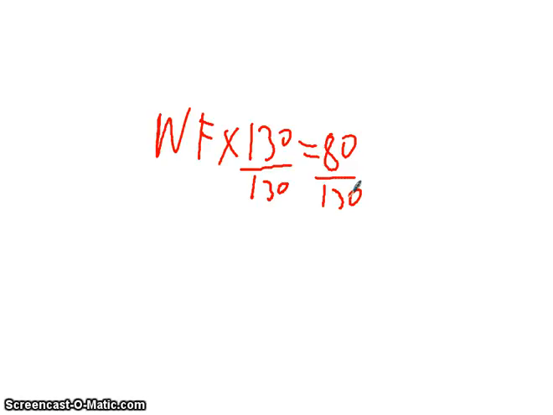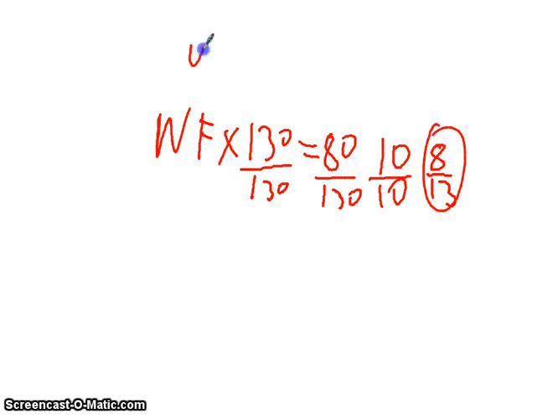I said what fraction, so you don't have to divide. I know, just trying to think what would divide with it. 10. This one would be 13, this one would be 8, and that's all you can do. So you write what fraction: the fraction equals 8/13.